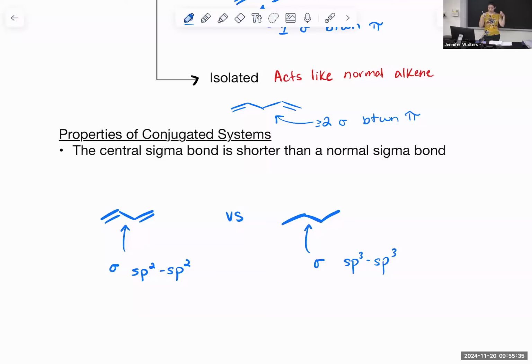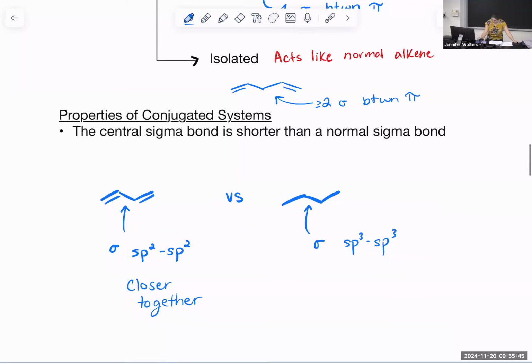It makes the orbitals smaller, so then they are brought closer together. So that's why it's shorter. That also then means that it is stronger, because the closer you are, the stronger the bond. The shorter the bond, the stronger the bond. So it is going to be closer together.